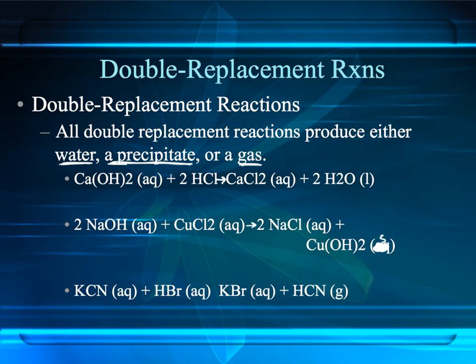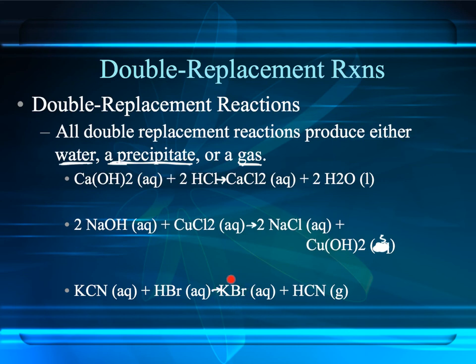The last option is a gas, and for our purposes, if you mix two compounds together and you're getting a gas, it's probably not safe to breathe in, and you should probably let me know that that's what's happening. They generally tend to not be very safe. So for instance, this is potassium cyanide dissolved in water, and now you're mixing it with hydrobromic acid, so also a dangerous thing. This will kill you, this will kill you.